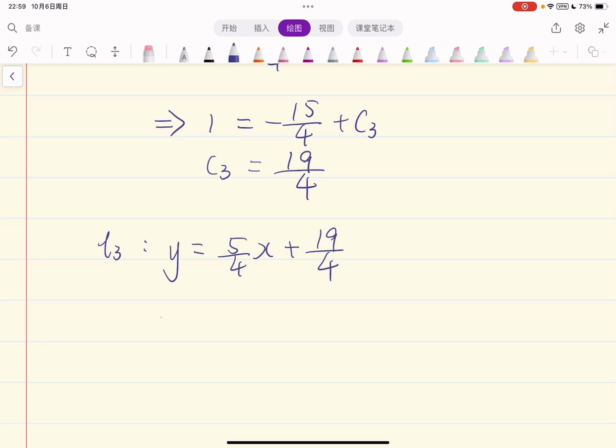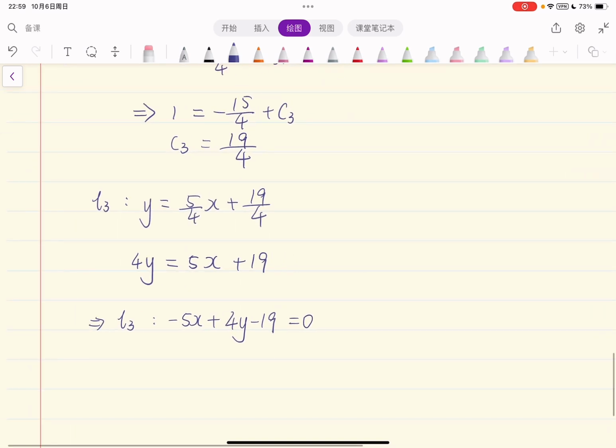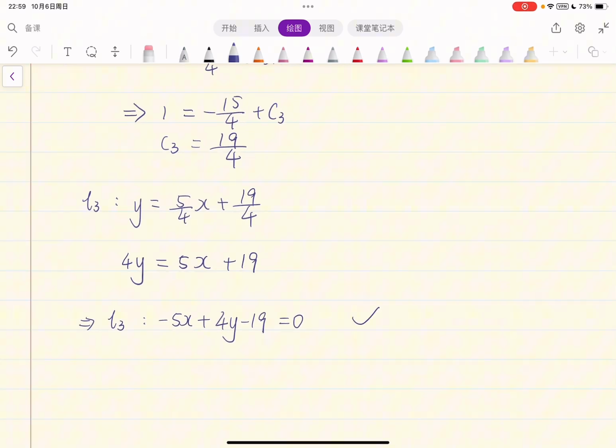We have 4y equals 5x plus 19. Rearranging, L3 is minus 5x plus 4y minus 19 equals 0. So we get the equation of L3.